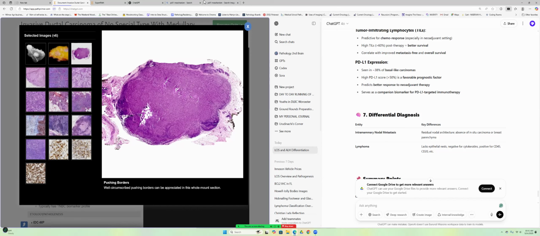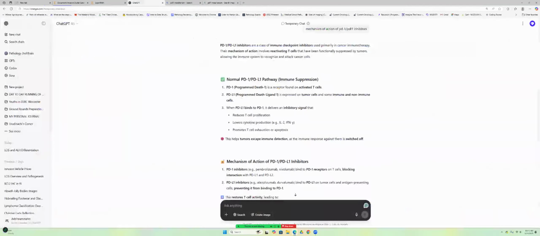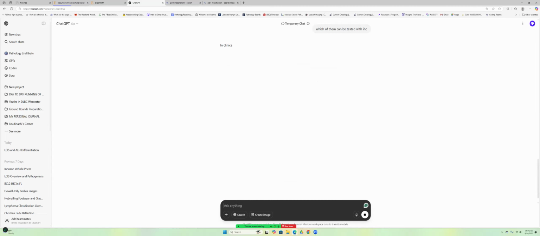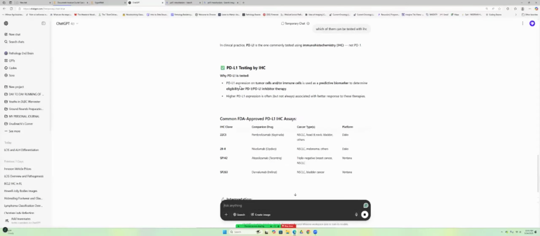Which of them has IHC testing? I think there's PD1 IHC, but let me check to be sure I'm not wrong. PDL1, the one on tumor cells, is the commonly tested one, not PD1. PDL1 expression on tumor cells or immune cells is used as a predictive biomarker to determine eligibility for PD1 or PDL1 inhibitor therapy.